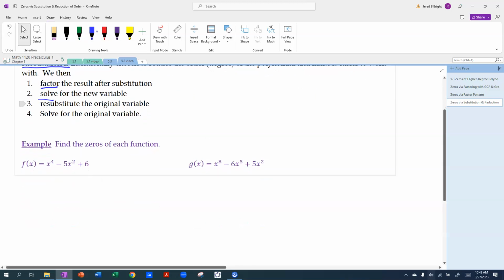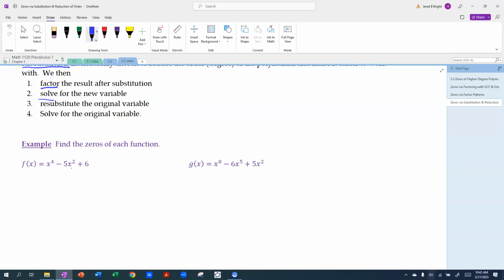You may have seen this before, but x to the fourth minus 5x squared plus 6 is really hard for me to conceptualize. So I say, there's a pattern going on here with the x's. If I let y be x squared, this might be easier to work with.